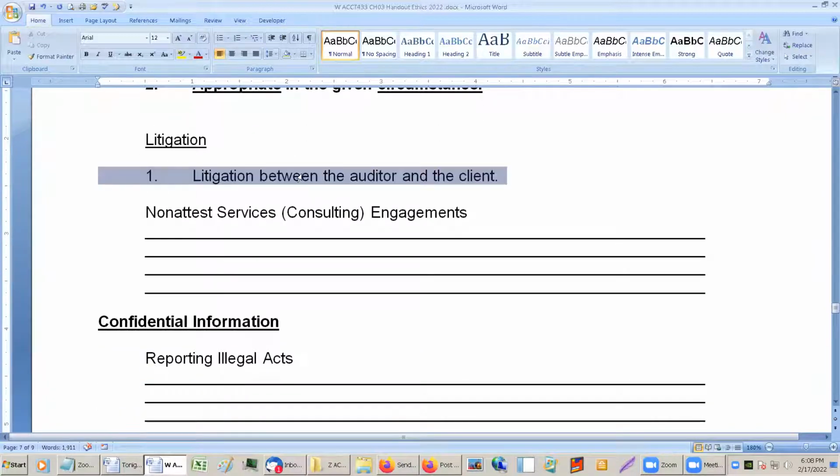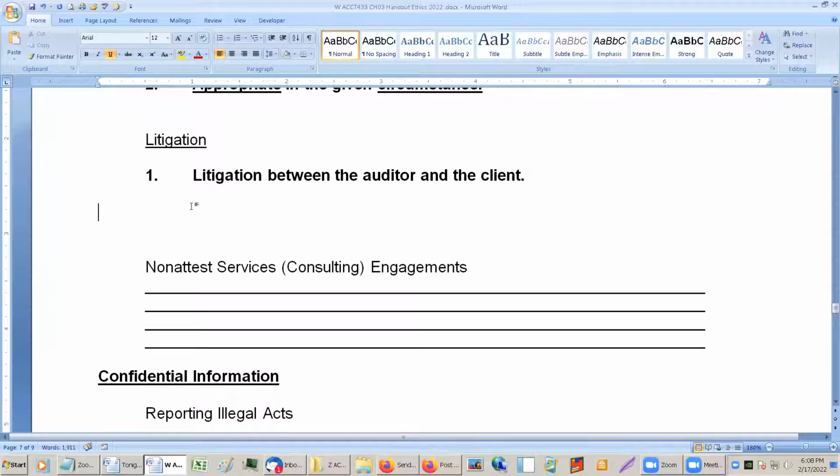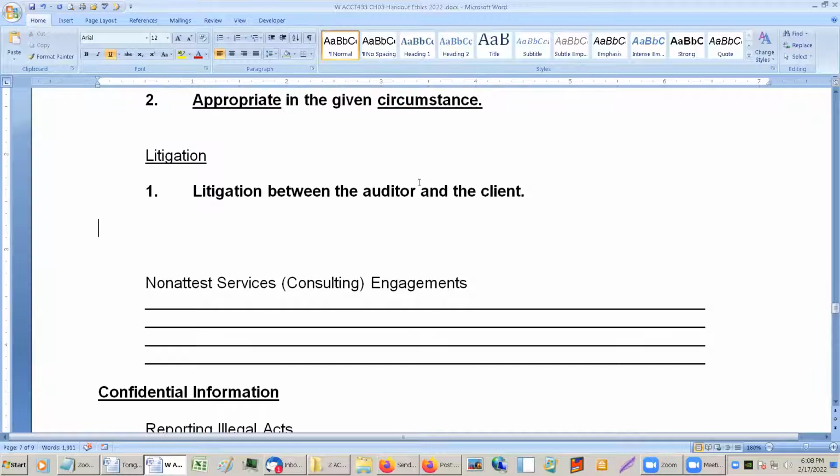Litigation between the auditor and the client. So if there's litigation between the auditor and the client, that could also impact independence.